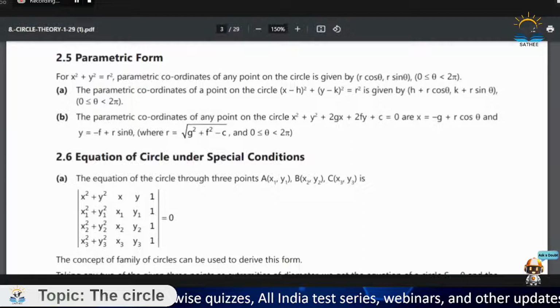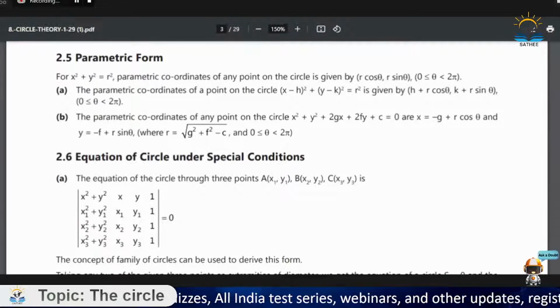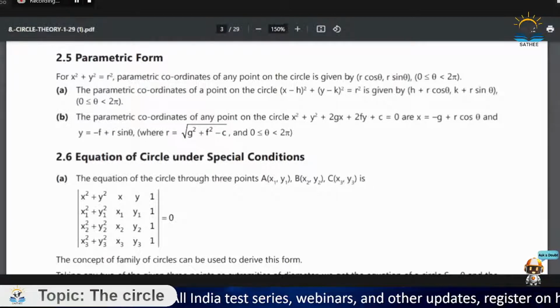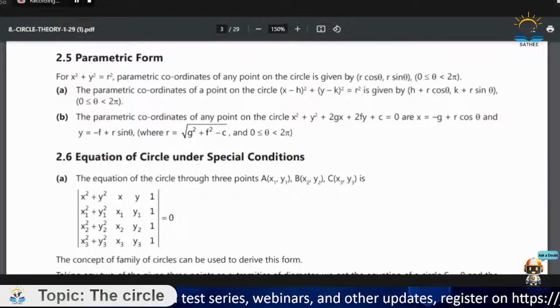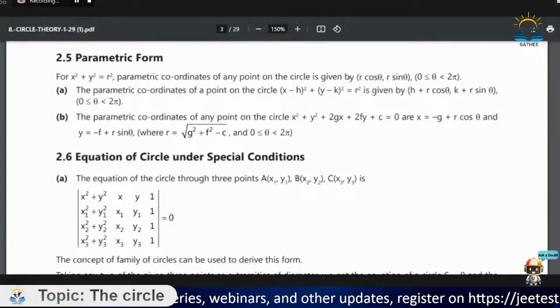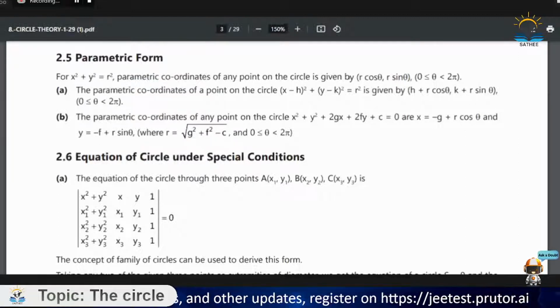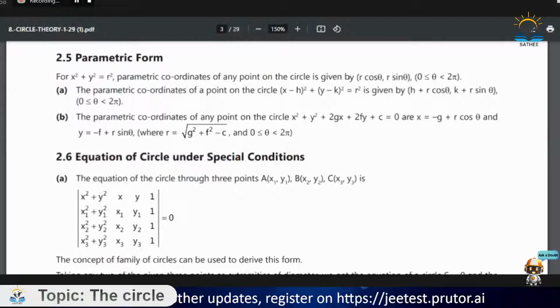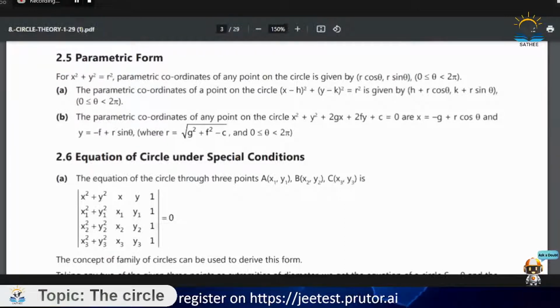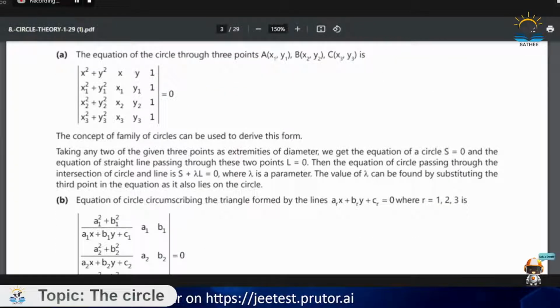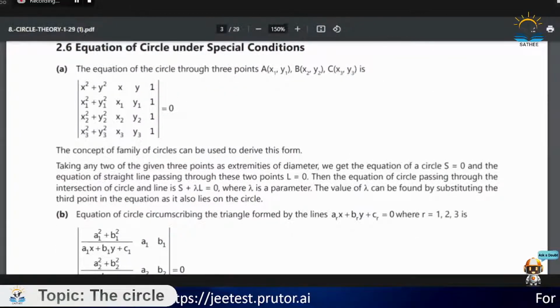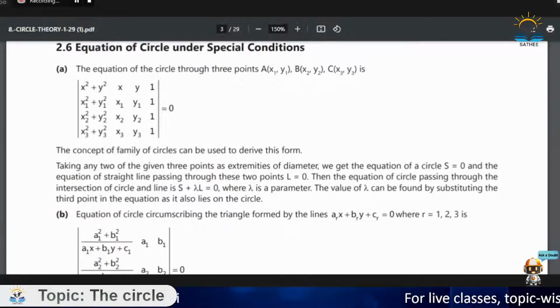Now let us move to the equation of a circle under special conditions. The equation of the circle through 3 points A(x1, y1), B(x2, y2), C(x3, y3) is this determinant.